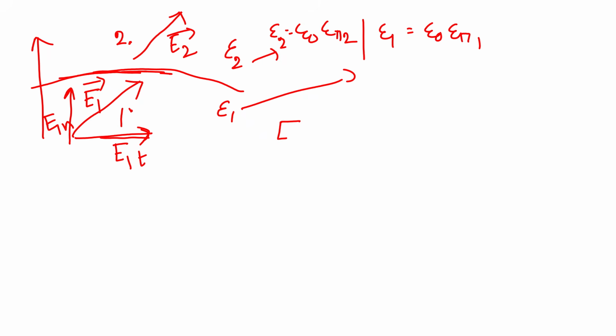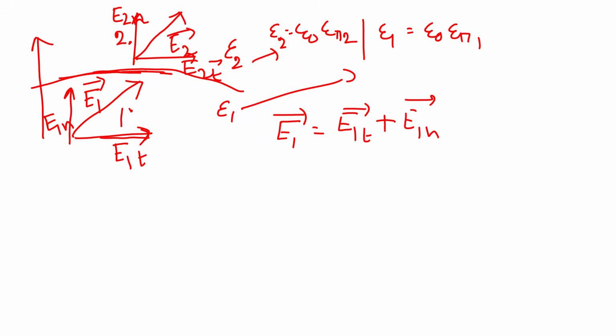Basically, your E1 vector is the sum of E1t vector plus E1n vector. Also, E2 vector can be divided into E2t vector and E2n vector. So my E2 vector is E2t plus E2n.